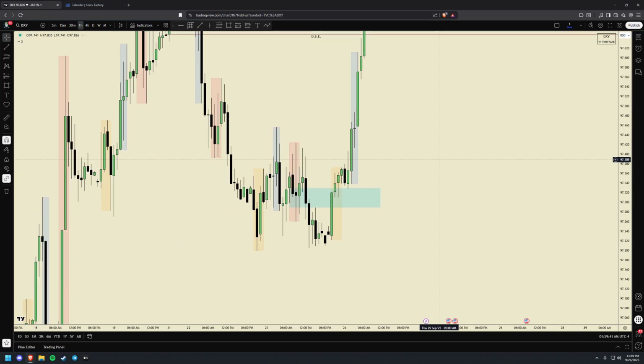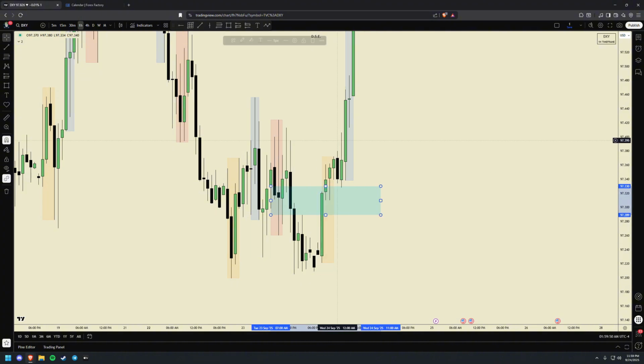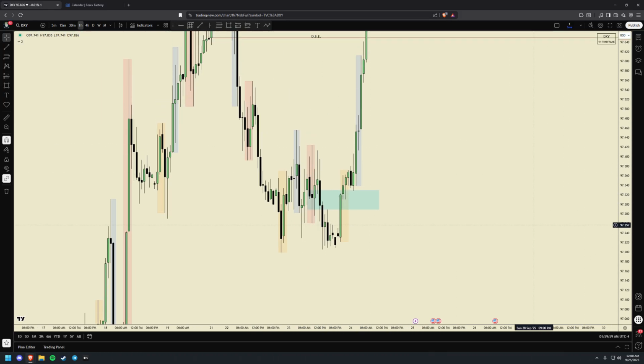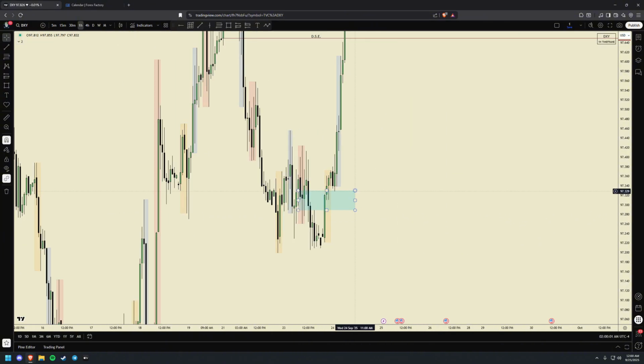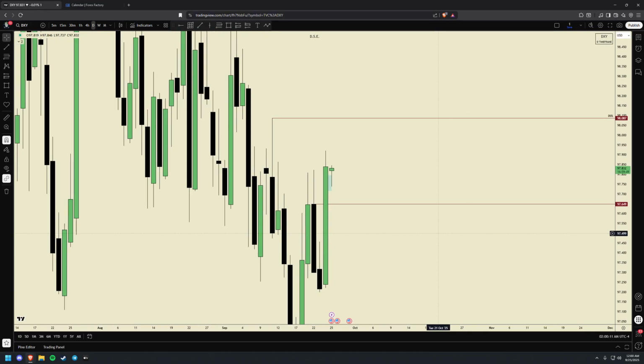I think I need to put more emphasis on the stages rather than the scenarios, right? So this scenario is Asia displacement range, but the scenario was Asia displacement range, and the stage was this 4-hour redelivered rebalance, right? But I also could just be hypercritical of myself because I took this trade on the wrong account, so I'm just going to move on. For today though, like I said, we are bullish dollar.